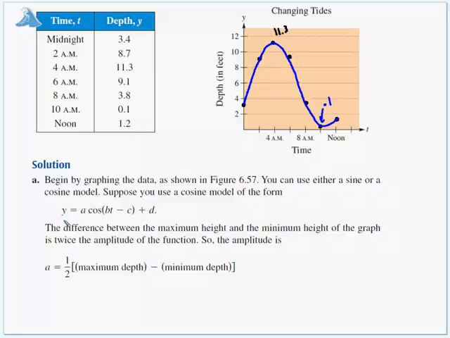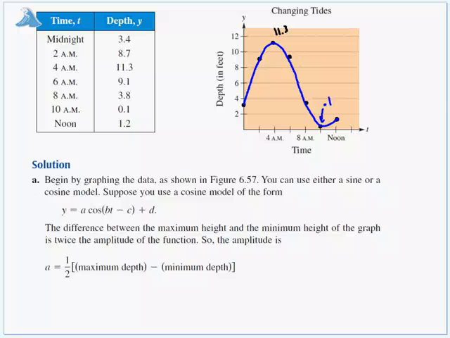Here's our basic trig function: y equals some number a times the cosine of some quantity b times our time variable minus c. We close the parentheses and then plus d. And what we've got to figure out here is what values go in for a, b, c, and d that would make the cosine function fit the data that we have. We could also do this with the sine function. That would just be a shift to the left or the right.